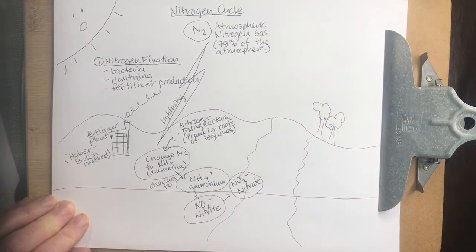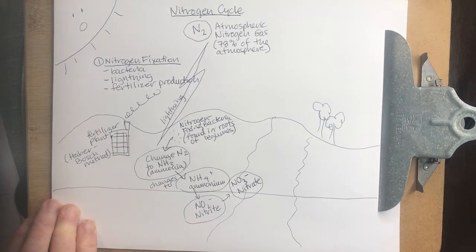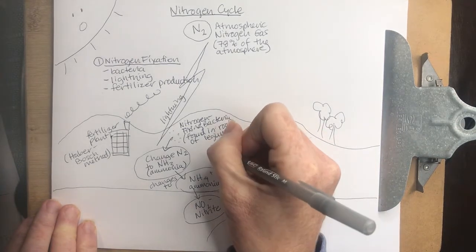So lots of steps in this pathway for bacteria to convert nitrogen into a form that is usable by plants, other plants as well.